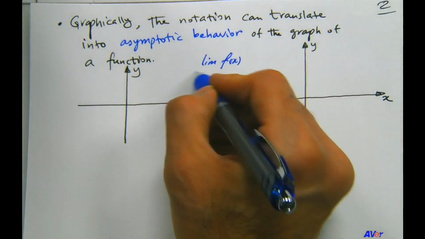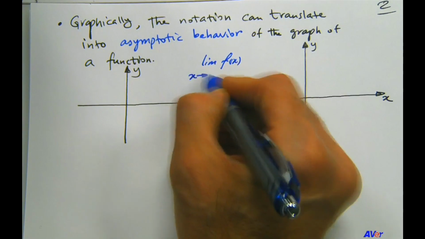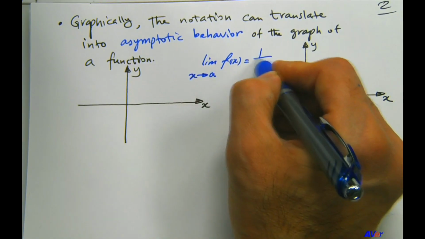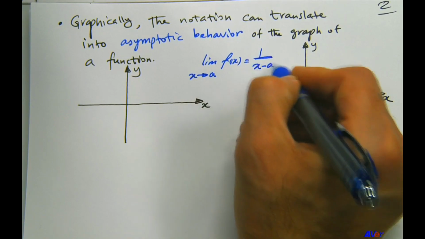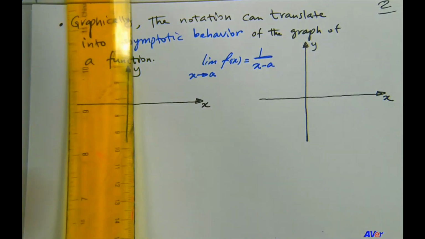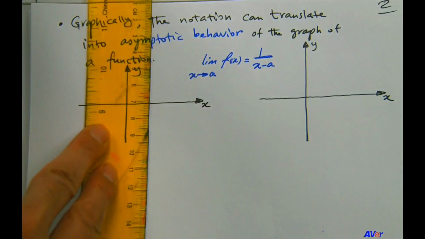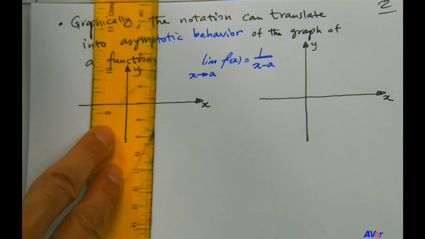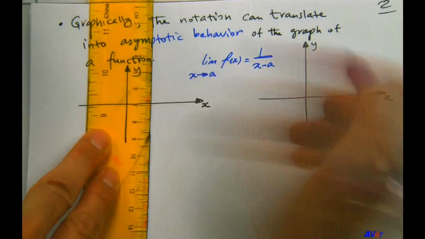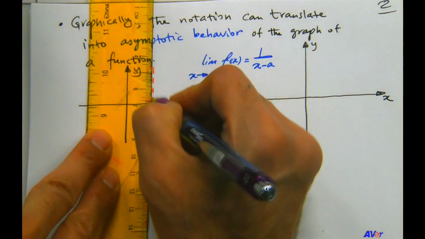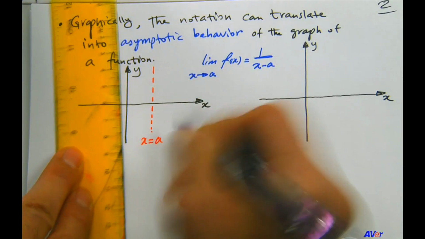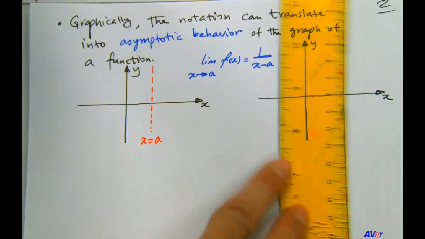Limit of function f of x as x approaches a, and this is equal to 1 over x minus a, right? So we would expect to have a vertical asymptote, as we learned in Pre-Calculus 1, Math 126. We can expect to have a vertical asymptote at x equals a. Right? So this is x equals a. And let's put that also here.